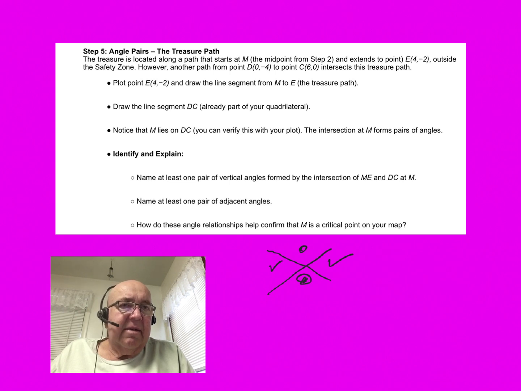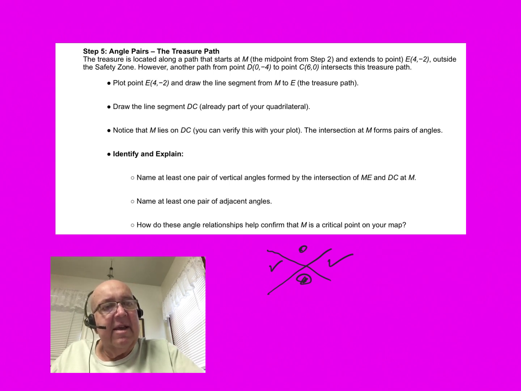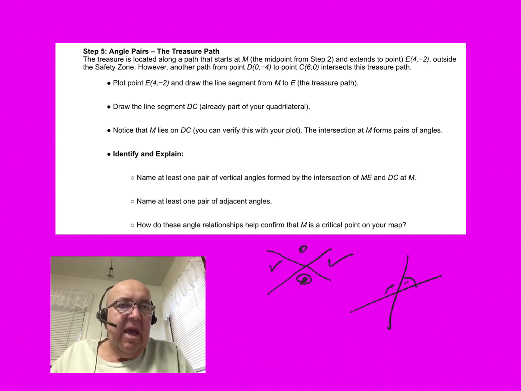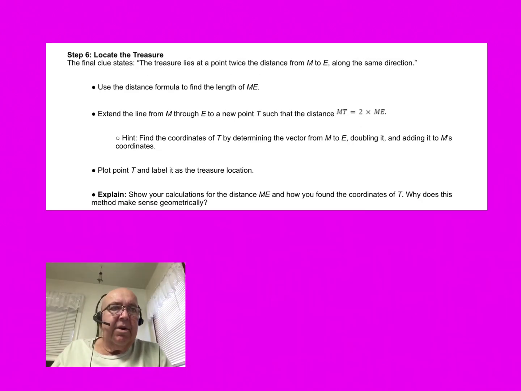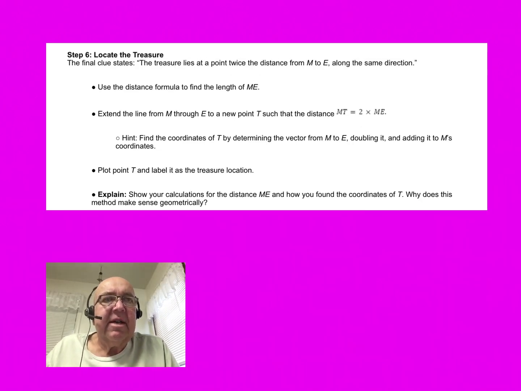You're going to do adjacent angles. So if you have two lines that cross, the two that are on the same side are adjacent. And then you're going to explain how that is a critical point on your map based upon those angle relationships. You're going to find the treasure spot.